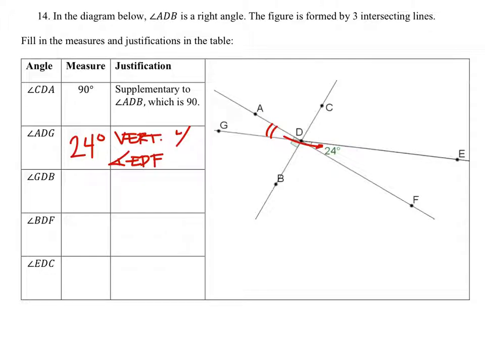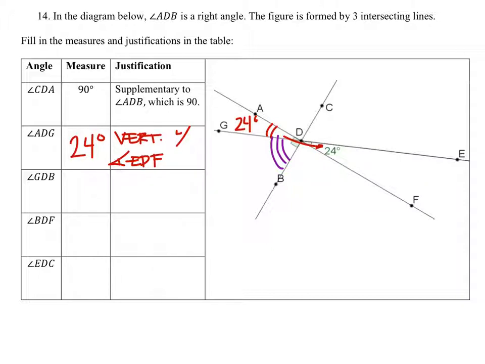Angle GDB, that is this angle right here. Now this one, we don't have any vertical relationship with yet. We get to know that angle ADG is 24 degrees because it was vertical.